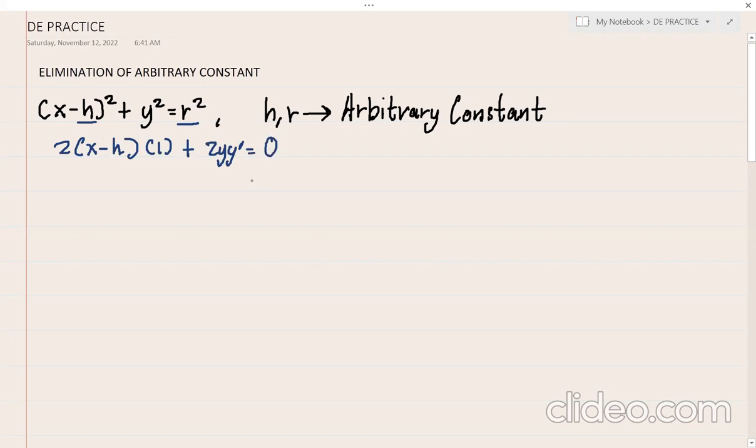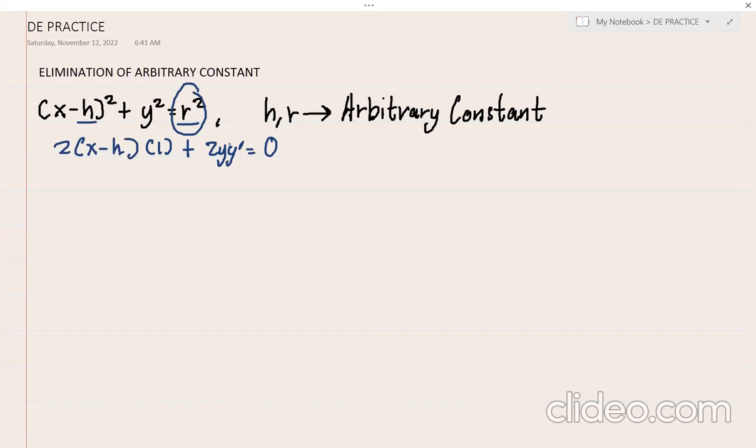Okay? So kung magtaka pala kayo, kasi si r, di ba, arbitrary constant lang siya. Di ba kanina, kapag arbitrary constant at kukunin mo yung derivative niya, 0 siya? So, is it still the same thing kapag meron siyang exponent, katulad nito, si r squared? The answer is yes.